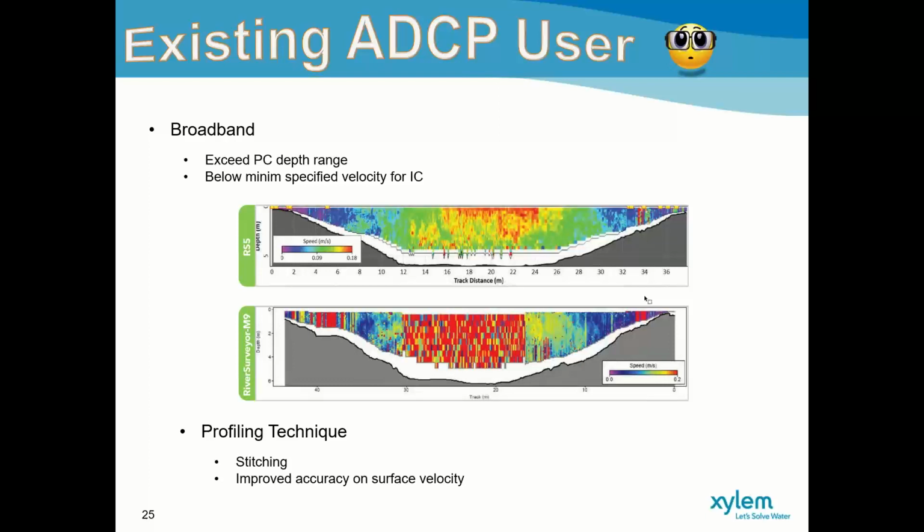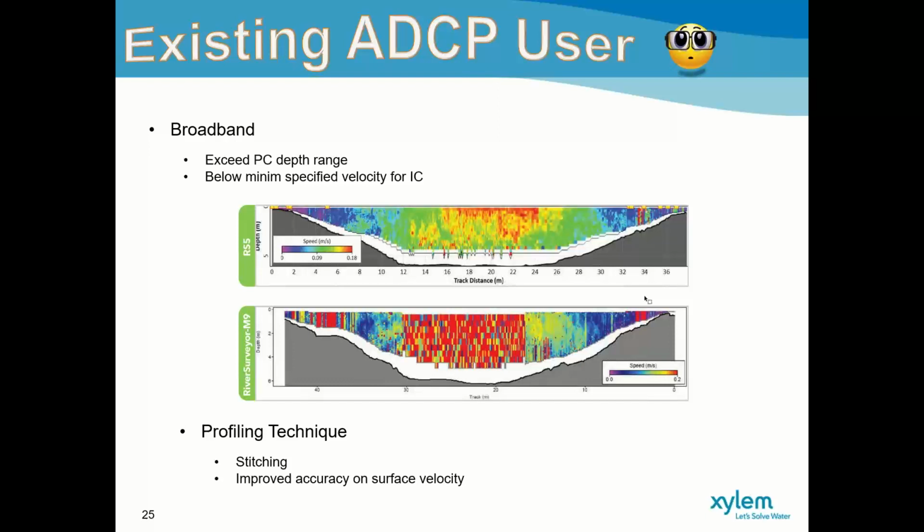Profiling technique stitching improves the measurement accuracy on the cells towards the surface or water surface. As I mentioned previously, this is a fairly huge development because that's where your highest velocity occurs. If the highest velocity is within pulse coherent range, you will definitely see improved accuracy in those measurements.